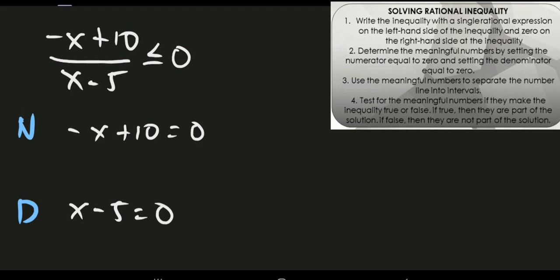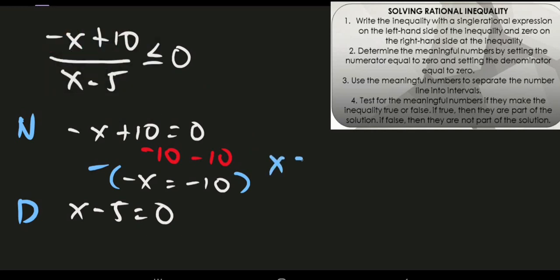Now, for the numerator, if negative x plus 10 is equal to 0, that means we need to subtract 10 both sides. Okay, it will give us negative x is equal to negative 10. And let's try to remove this negative sign. Okay, let's multiply both sides by negative. That means we have this first value of x as positive 10.